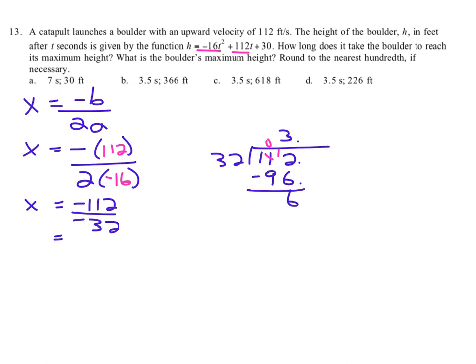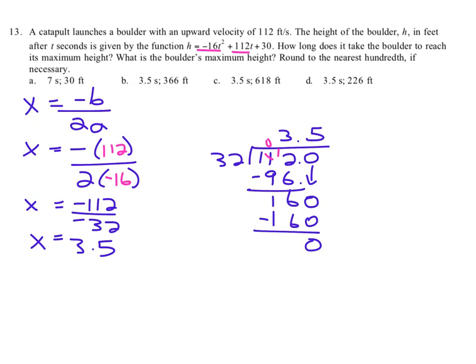We get a 6 there, and 10 minus 9 is 1. I'm going to annex a 0 and bring it down, because since 16 is half of 32, then 160 is 5 times 32. Happy to talk about that idea with you sometime if you like. But anyway, 5 times 32 is 160. Exactly. And so that means that x equals 3.5.